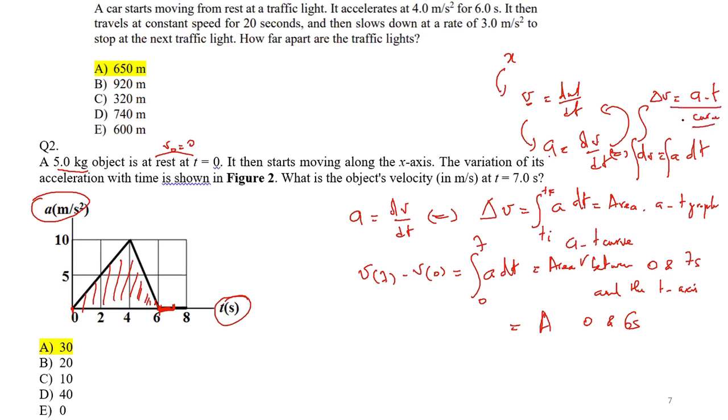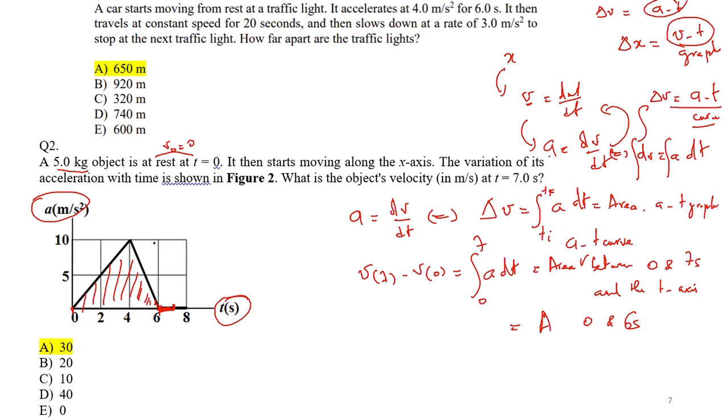Basically, an integral is an area under the curve, that's it. Now I can use it for delta v, but I also can use it for delta x. But for delta x, I need which type of curve? The v-t, velocity time graph. For delta v, I need what? The area under the curve of an acceleration time graph.